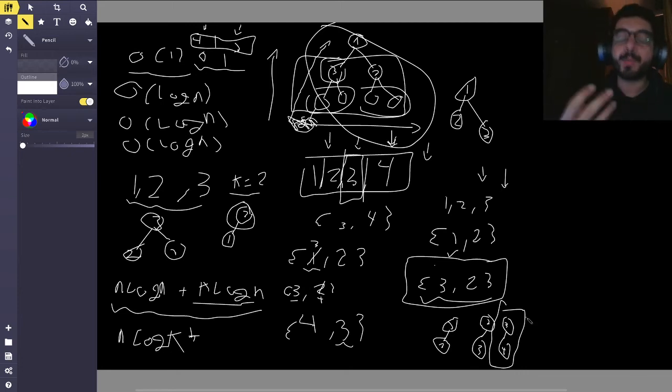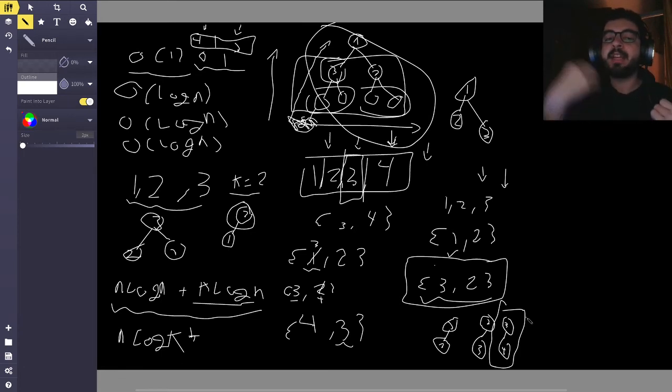Since we always keep the height of the tree, or the total number of elements in the heap, to be k, and we made it a minimum heap, the minimum element of our heap is the top node, the first node.